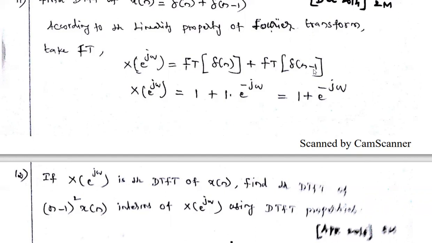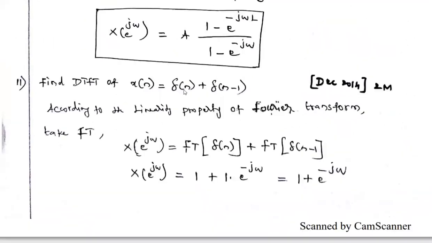Here the amount of shift is 1. The Fourier transform of del of n is 1, so 1 into e power minus j omega k, where k is 1, gives e power minus j omega. So the answer is 1 plus e power minus j omega. This is the answer for the DTFT of del of n plus del of n minus 1.